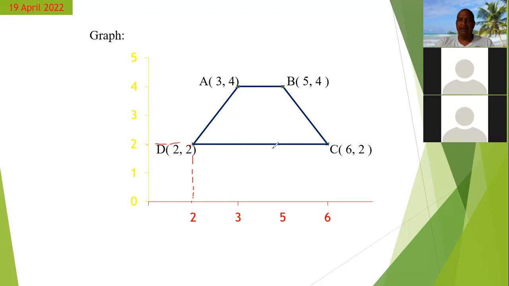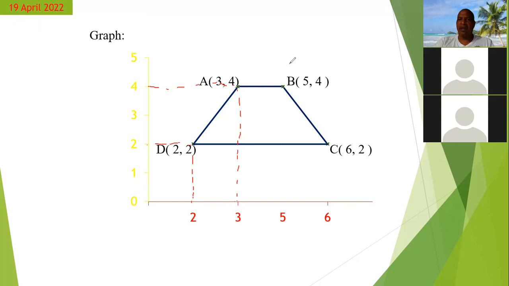And you do that for all the points. So you come to x equals 3, and you go up to y equals 4 for point A. Once you've plotted your points, you connect the dots, and then you will have your shape.